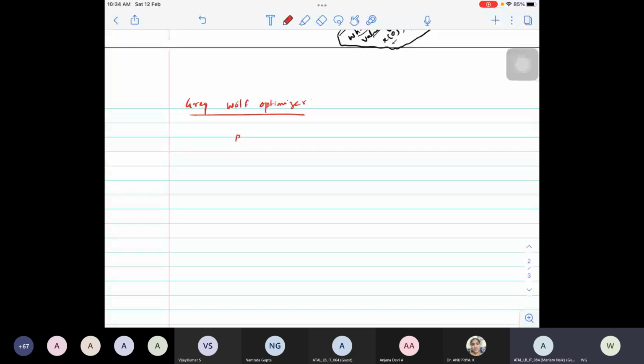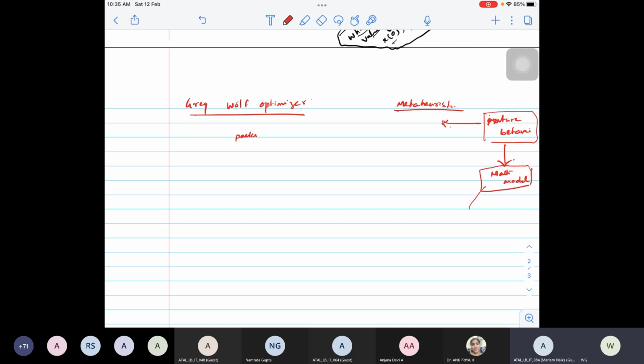In all the metaheuristics, they have a natural behavior of some organism, and they convert this natural behavior into a mathematical model. So they have some equations, or this natural behavior is organized into some interaction between some steps.